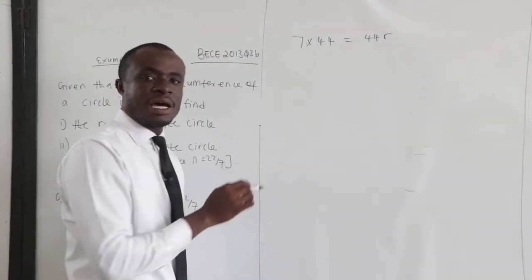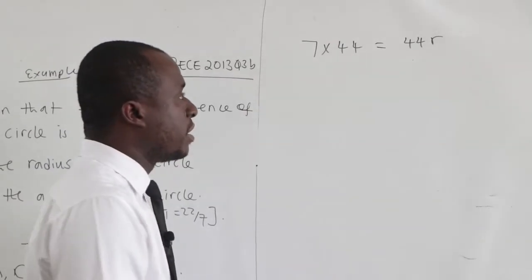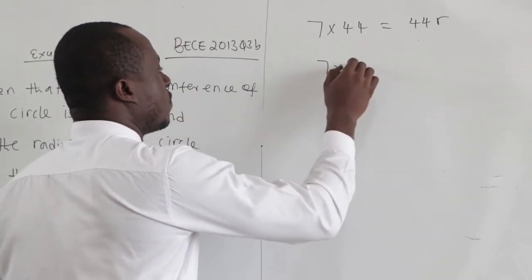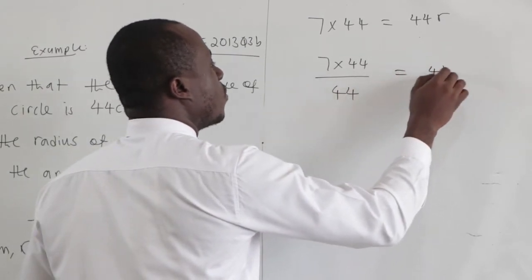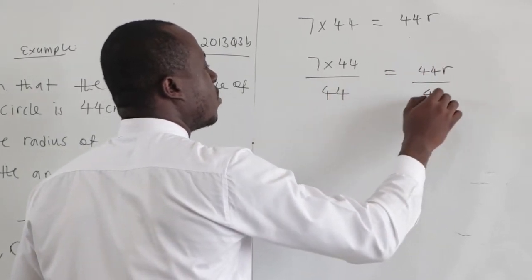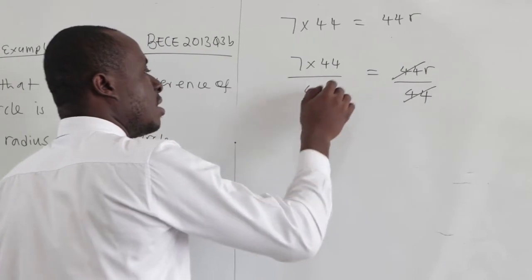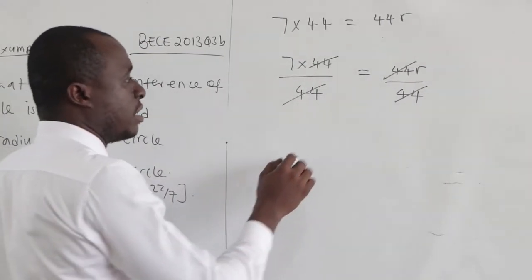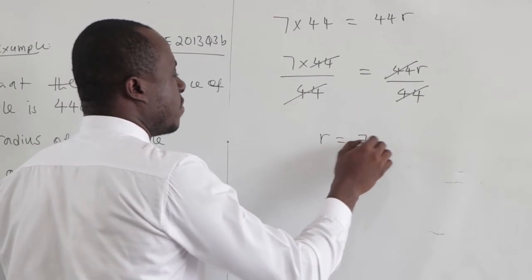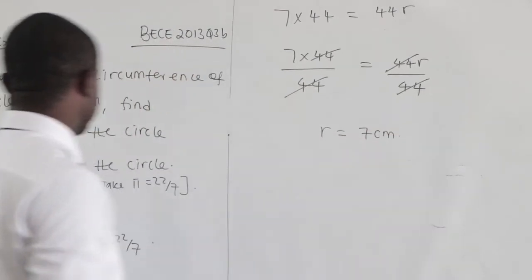I want to find r, so I divide both sides by what is multiplying the r. So I have 7 times 44 over 44 equal to 44r over 44. The 44 cancels out this 44 because it's multiplying. So clearly our r is 7 centimeters.